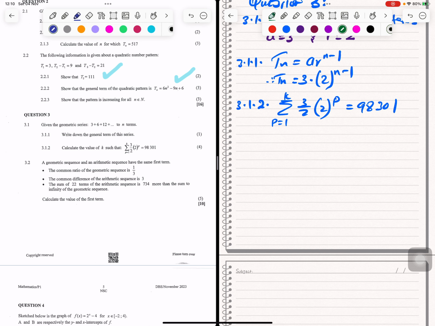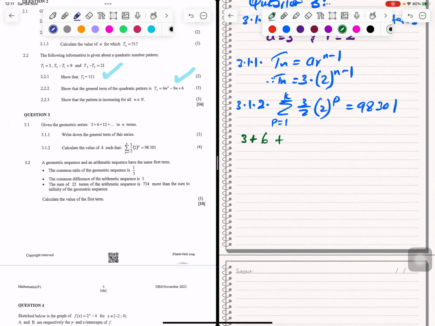Let's try and analyze that. Let's find the first few terms here. If you take 1 and put it here, it's going to give you the first term of 3. If you take 2, remember from 1 to 2, 3, 4, up to k, now p is 2. 3 over 2 multiplied by 2 squared gives you 6.